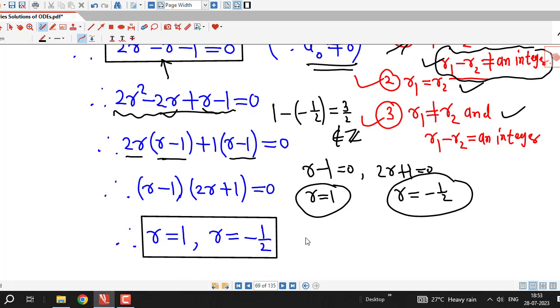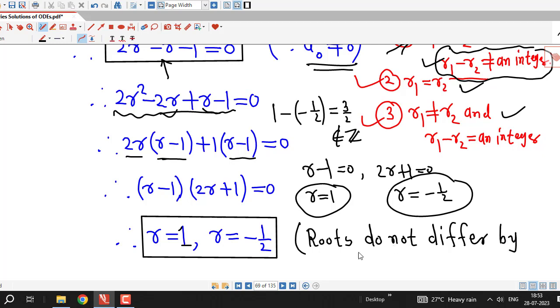So here I have two roots of the indicial equation, and we can say that the roots do not differ by an integer, or in simple words, the difference of these two roots is not an integer. Roots do not differ by an integer.